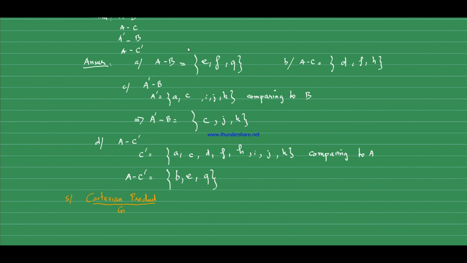So given sets A and B, the Cartesian product between the two sets A and B is notated as A cross B. A cross B is also a set. So the Cartesian product of two sets is also a set.